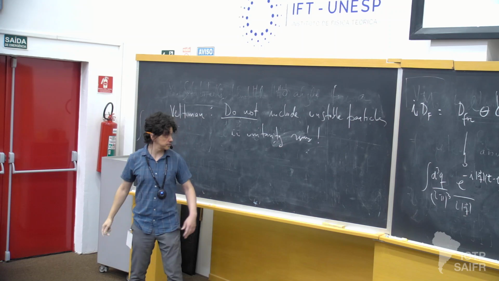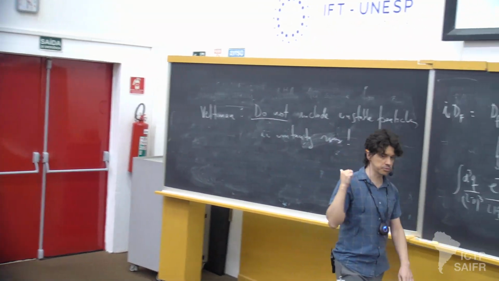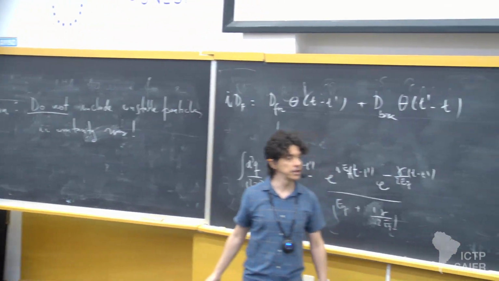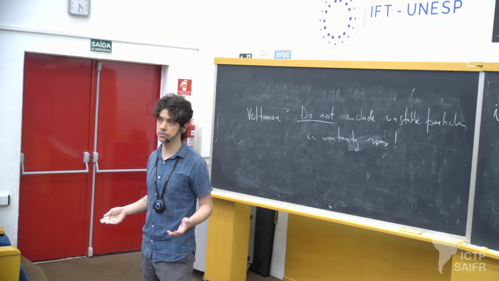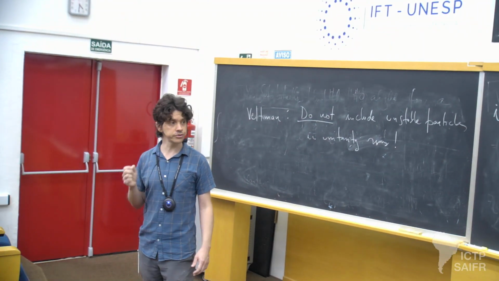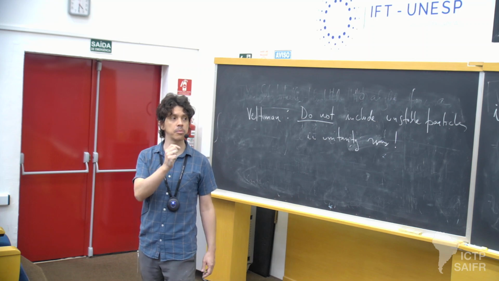Once you follow Veltman's procedure, you can prove that the theory respects the optical theorem. The theory is unitary once you include only the stable particles in your spectrum.